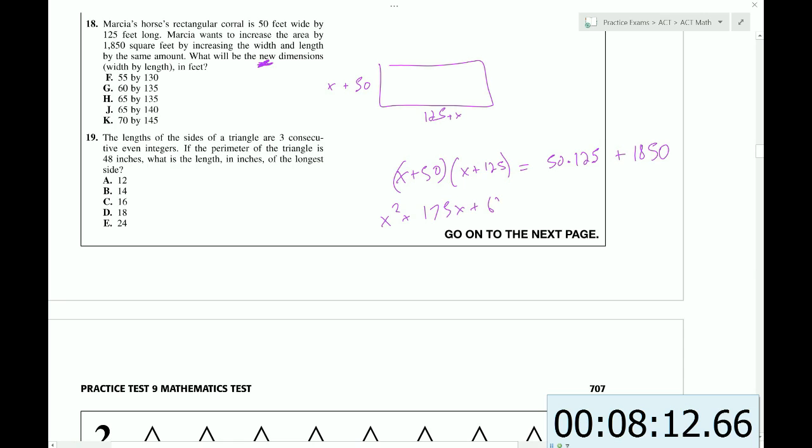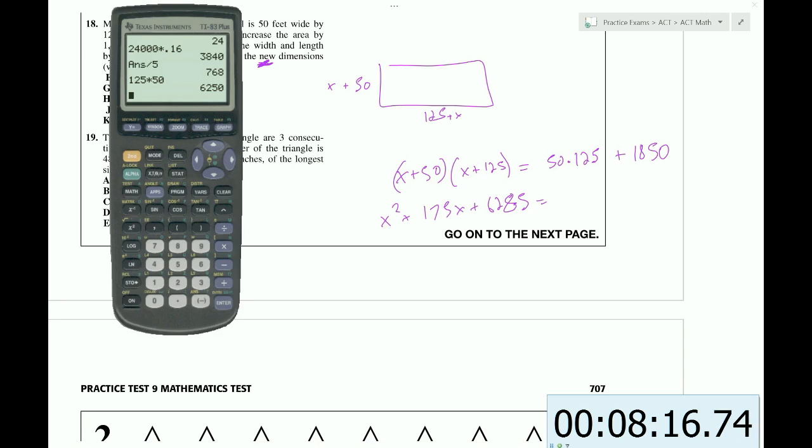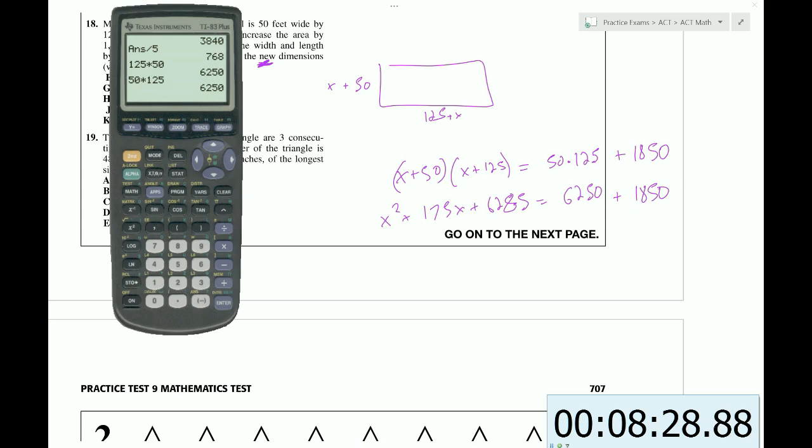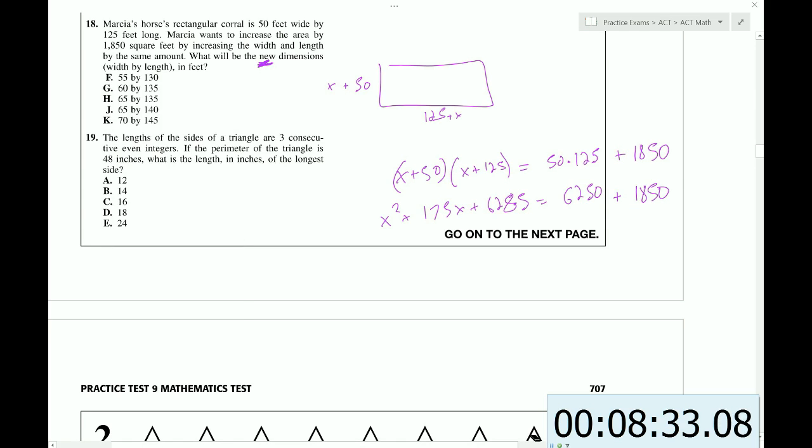6285. Alright, now we do 50 times 125, I could have done it a shorter way, but that's okay. Again, 6250 here, plus 1850. I don't know where I came up with that number. 50 times 125.